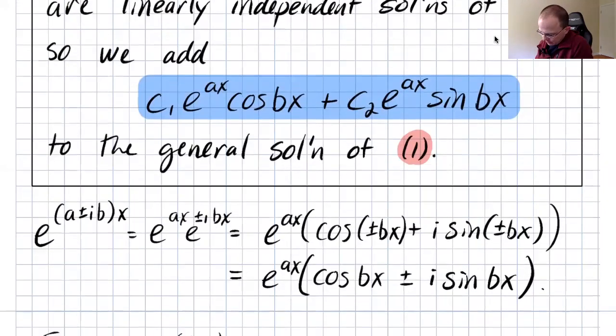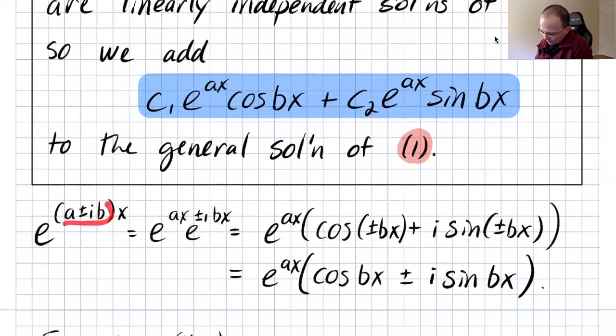If this is our root, e to the a plus or minus ib times x, and we break this up, we get e to the ax times e to the plus or minus I times bx.